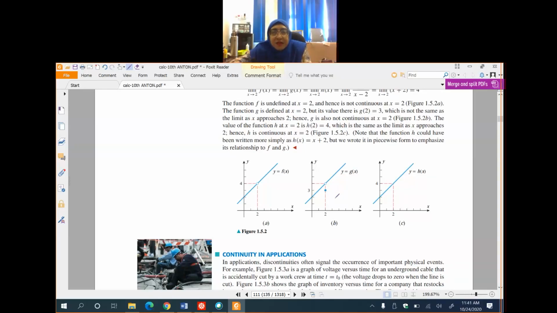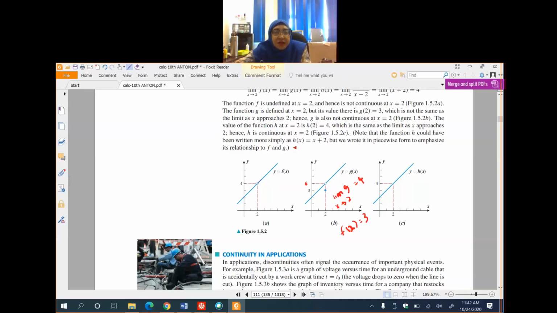The limit of g as x tends to 2, from the left and from the right, they are the same, and it is equal to 4. But what about f of 2? f of 2 is equal to 3. They are not the same, so that's why it is not continuous.